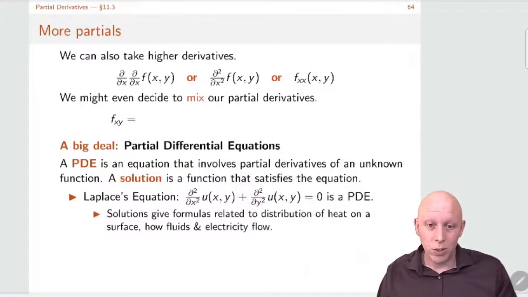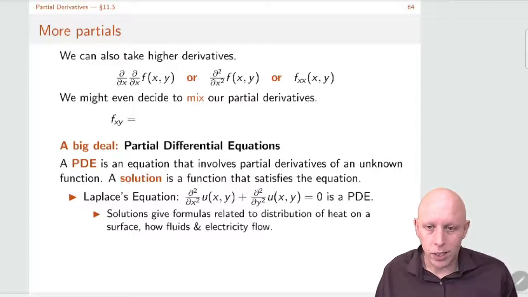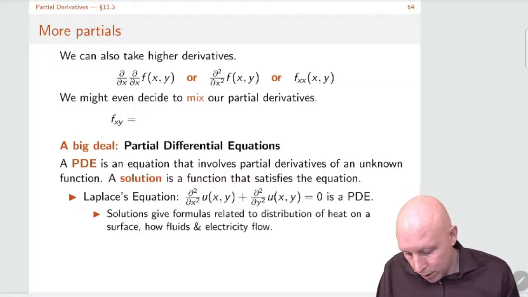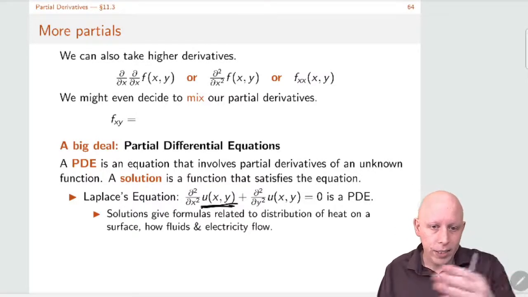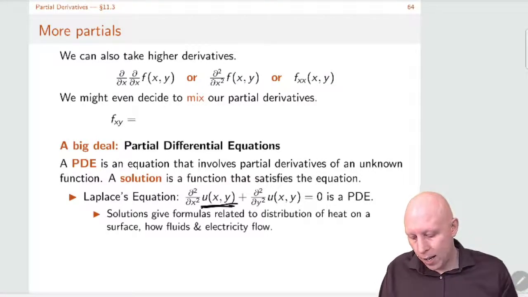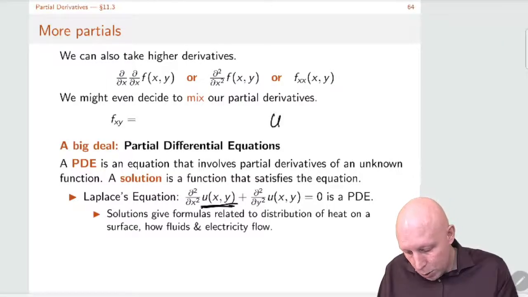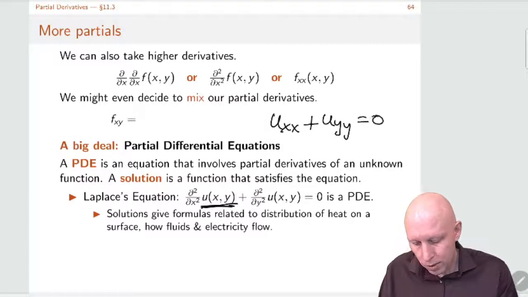So let me give you two classic examples that, especially if you're taking physics, you'll see, and maybe you've already seen. The first one here is a function defined on points x, y in a plane. And what we could do is look at u_xx plus u_yy equal to 0.